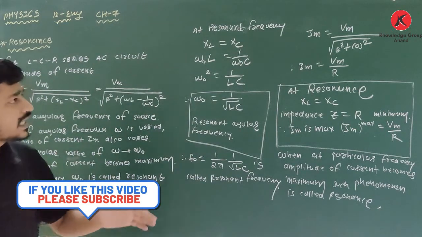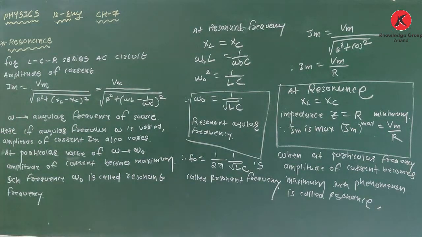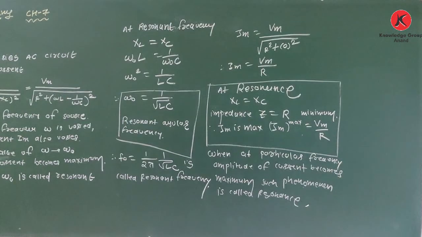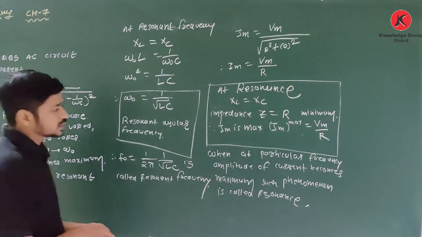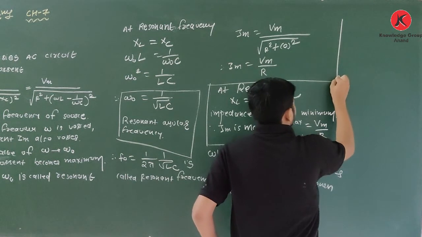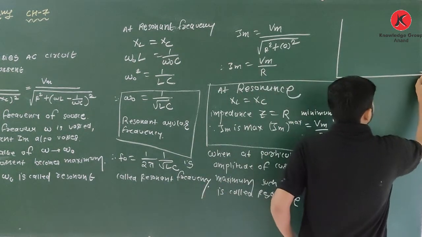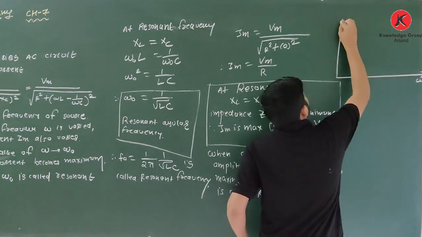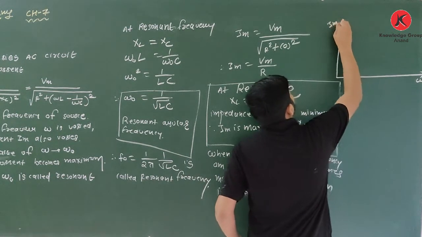Now, at last we have to draw one graph. See, I say omega changes, then current Im also changes. So what is the variation of Im versus omega? See, omega here, and here it is Im.